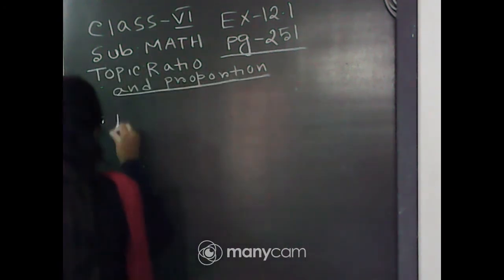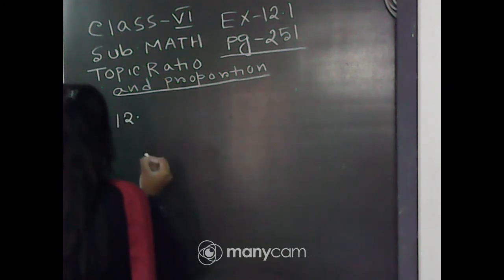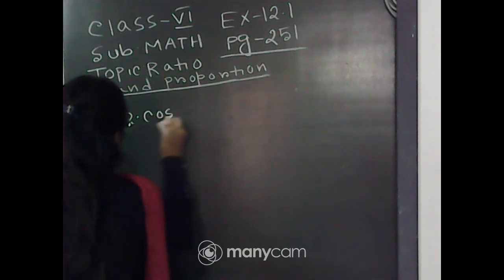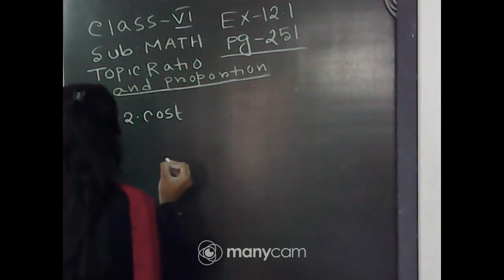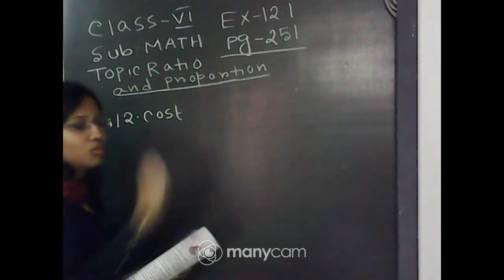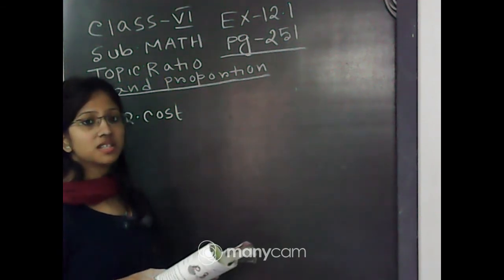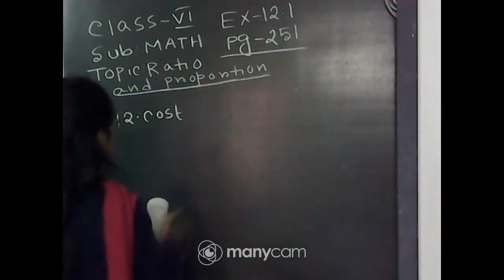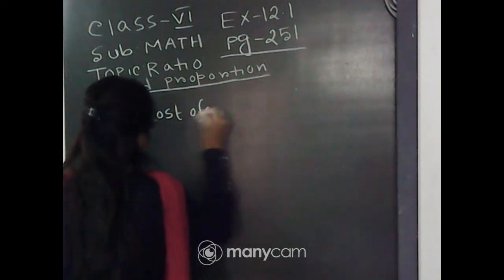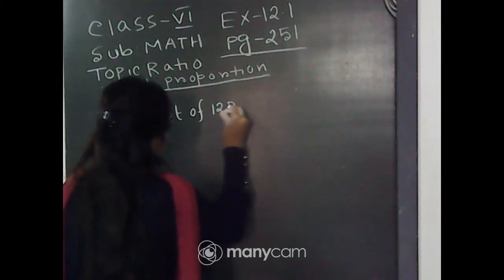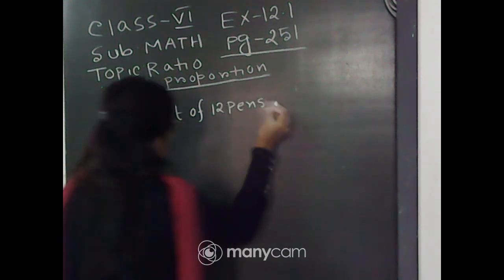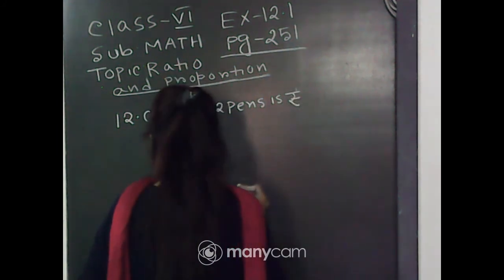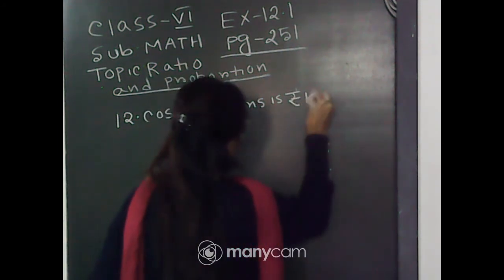Here it is given that cost of a dozen pens is rupees 180. We all know that 1 dozen is equal to 12. Therefore, cost of 12 pens is rupees 180.